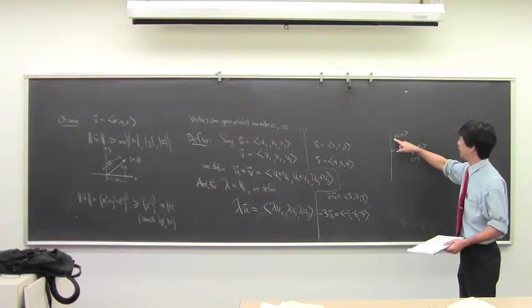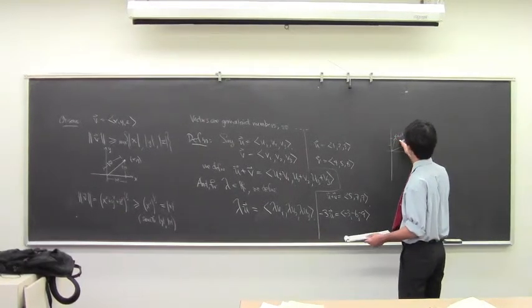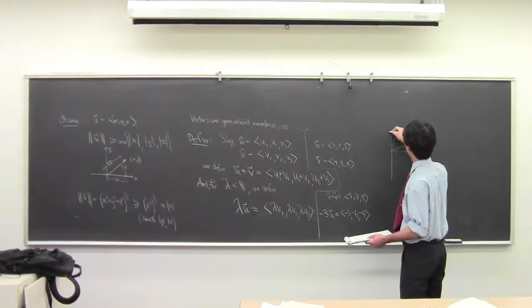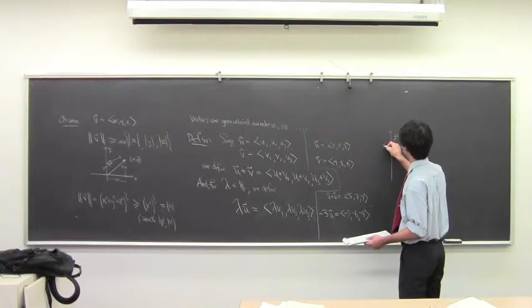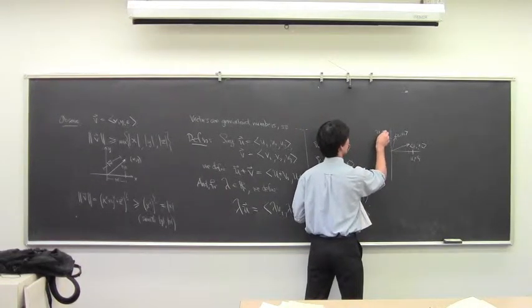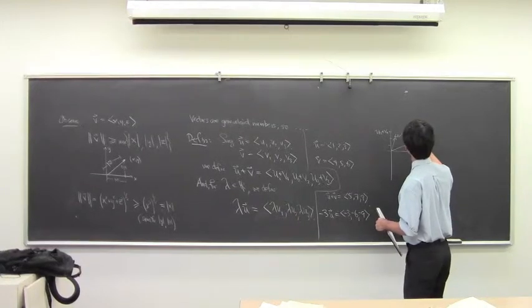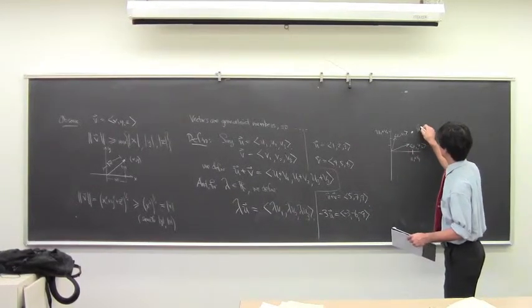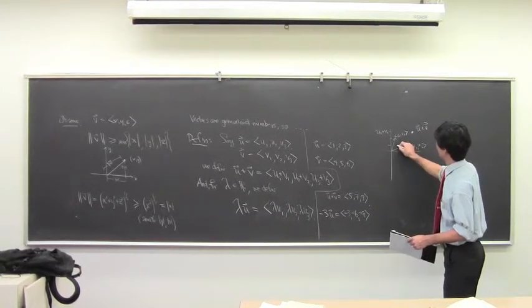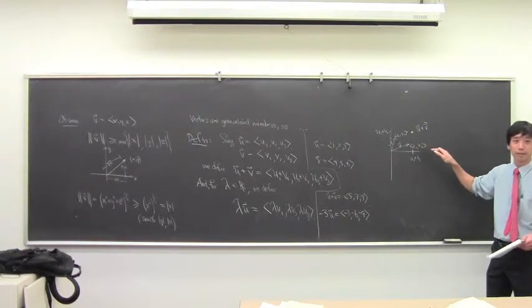And you take the y component of this guy and the y component of that guy, and you add them together, so you get U2 plus V2. And so you would end up with this guy here. This is U, and this is V, but this thing here is U plus V.